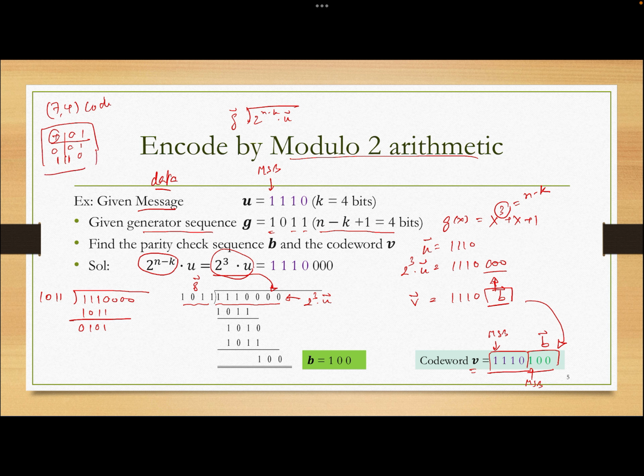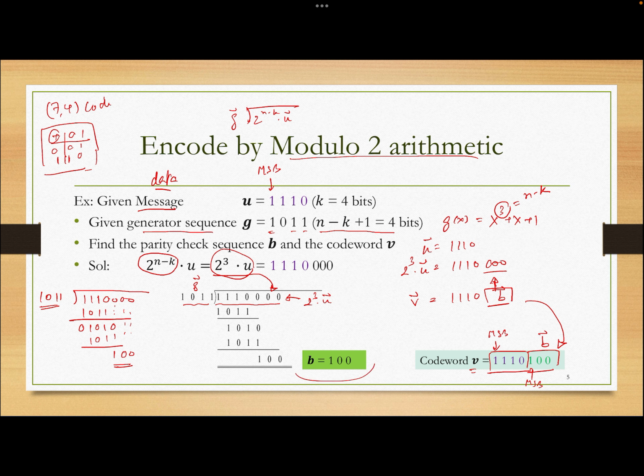So you have 0101 like this, and the leading 0 will not be counted, right? So you have 4 bits here, so you have to bring down another 0 so that you can continue the division. We start with the 1 here, and then you have another 0 here. This is 3 bits, which is less than the 4 bits here, so you cannot divide anymore, right?